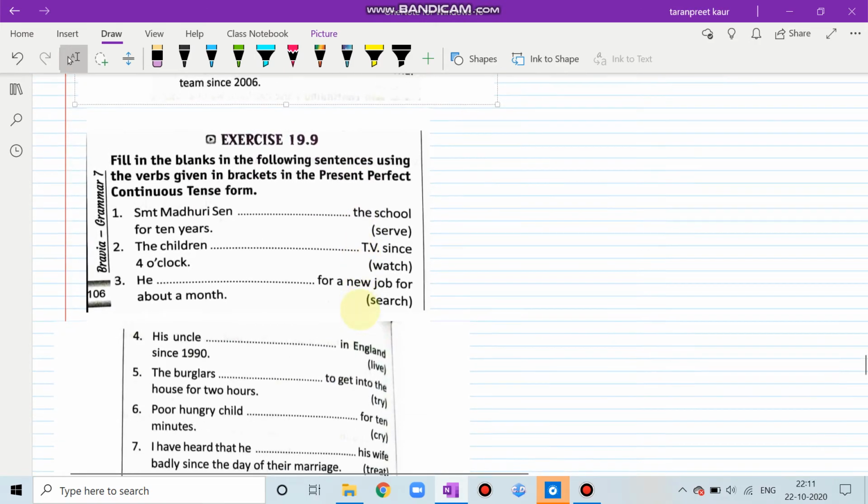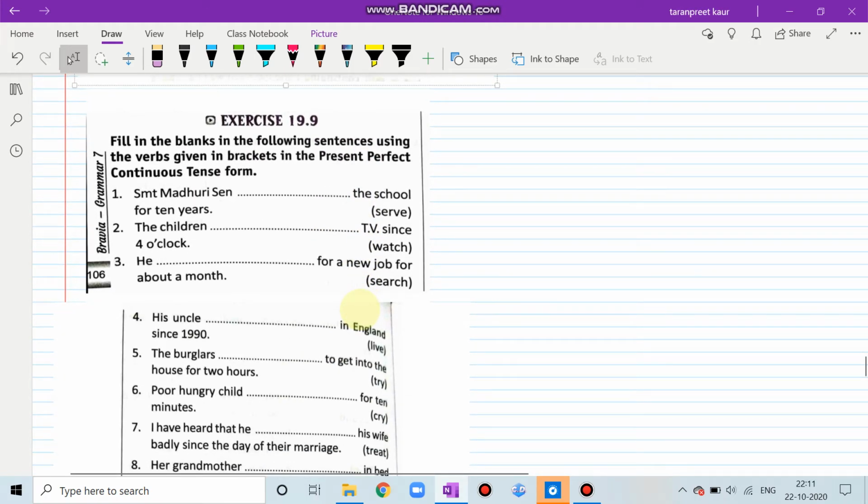Coming on to 19.9, here you have to use present perfect continuous tense. Again, just follow the rule. Like look at the first one. Srimati Madhuri Sen dash the school for 10 years. So, Srimati Madhuri Sen has been serving the school for 10 years.